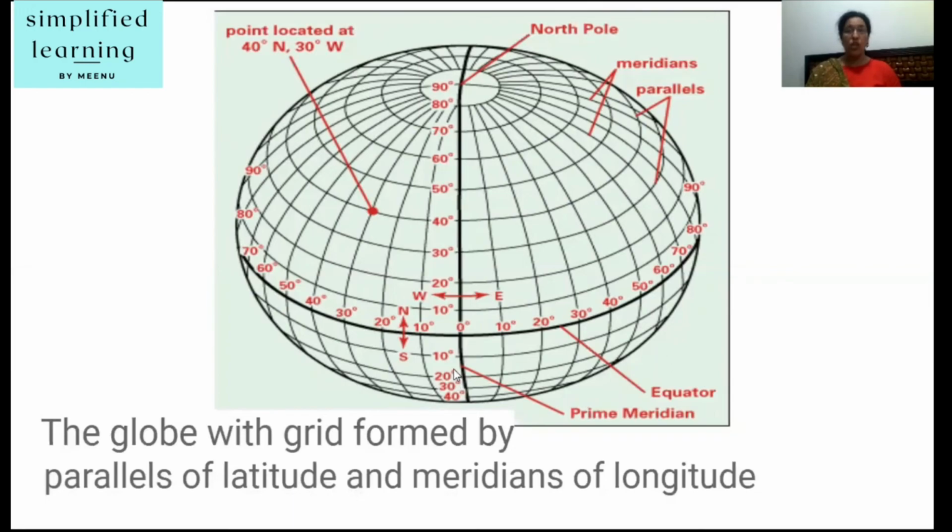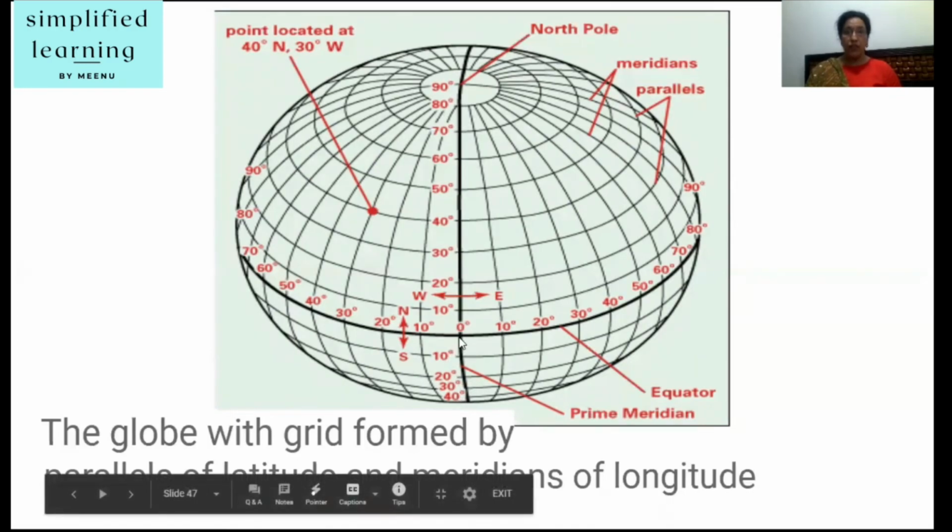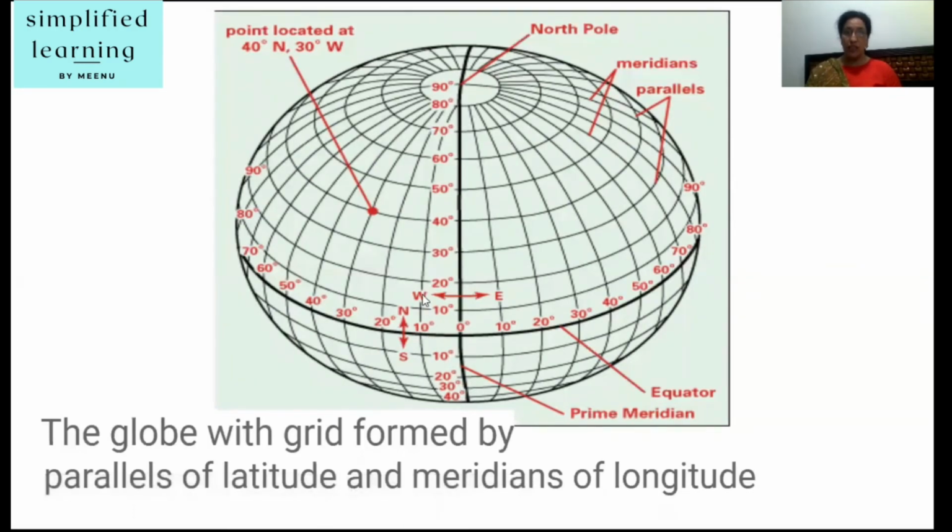Let's talk about longitudes. Now this is the prime meridian, that is 0° longitude. When we go towards the west, we have 10° west, and here we have 10° east. Similarly, 20° west, 20° east. 30° west, 30° east. So this grid helps us to locate the position of a particular place.